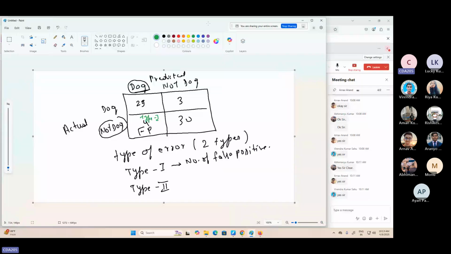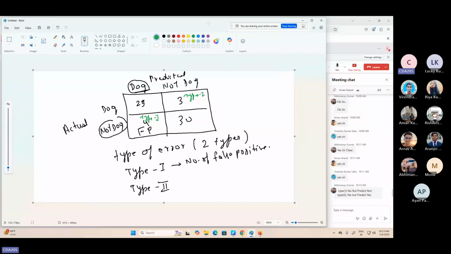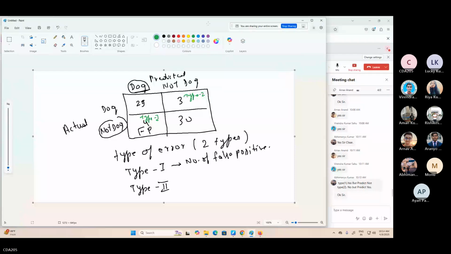And type 2 error is that डॉग था पर मॉडल प्रेडिक्ट क्या कर रहा था, डॉग नहीं था. So this is a type 2 error.